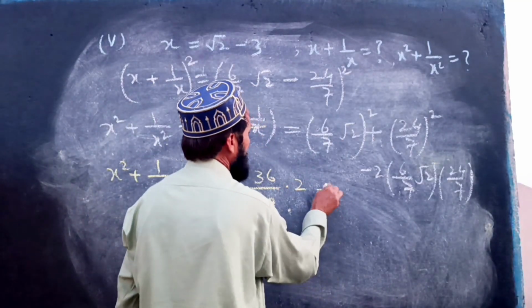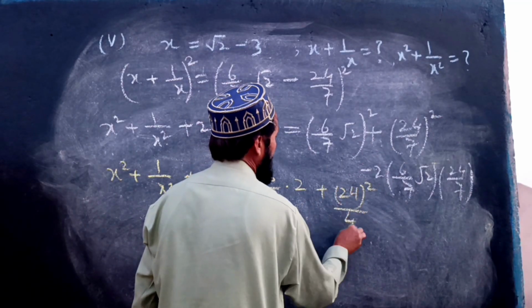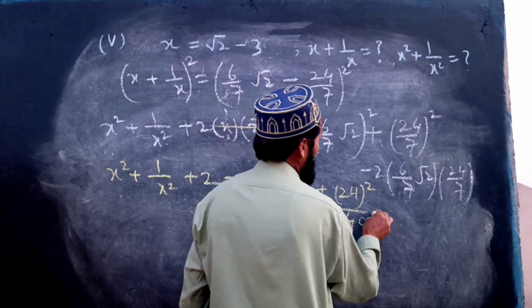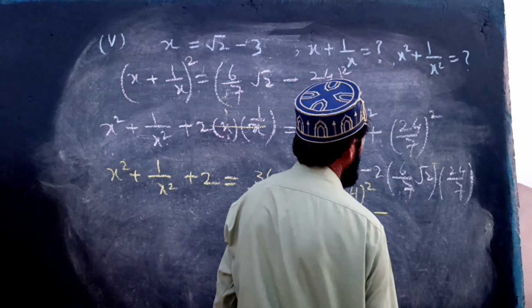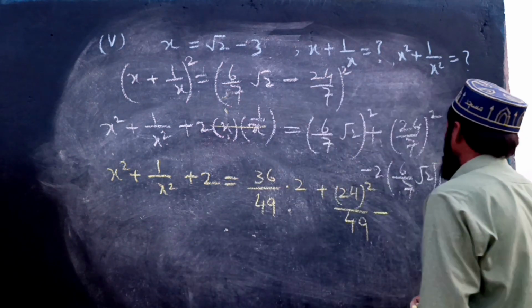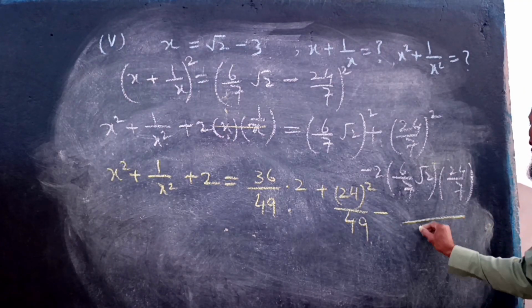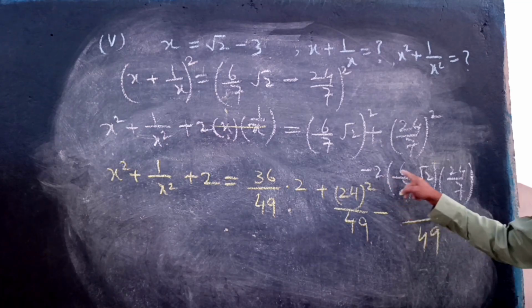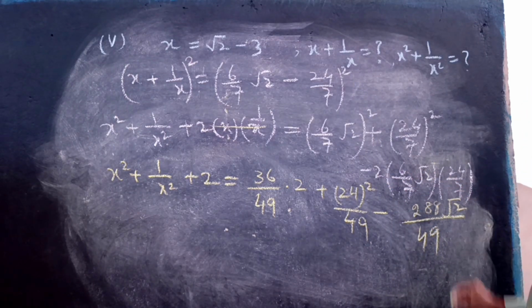Similarly, here 24 square divided by 49 minus, so this term we try to solve this one. 48 and 49 and 12, 88 and 2 square root. This is the result, and 24 square is also required.